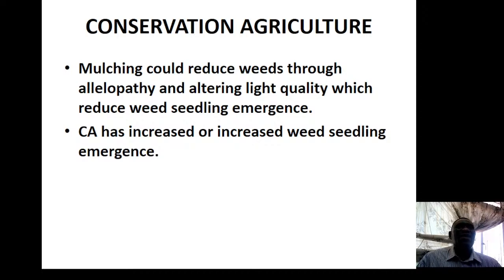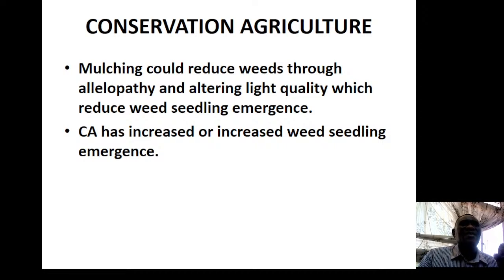In conservation agriculture, we can make sure that mulching is applied, because mulching can reduce weeds through allelopathy and altering light quality, which reduce weed seedling emergence. So CA has increased or decreased weed seedling emergence, but this mulching factor is critical in Pfumvudza or conservation agriculture, in Intwasa, whatever you want to call it.